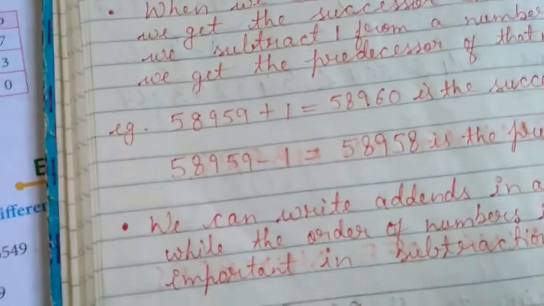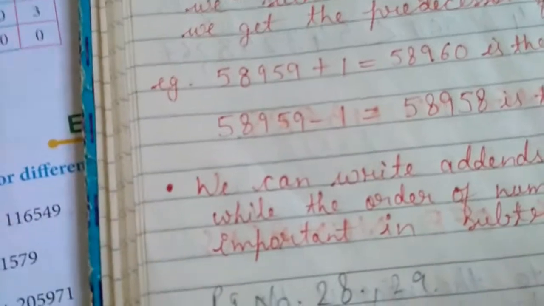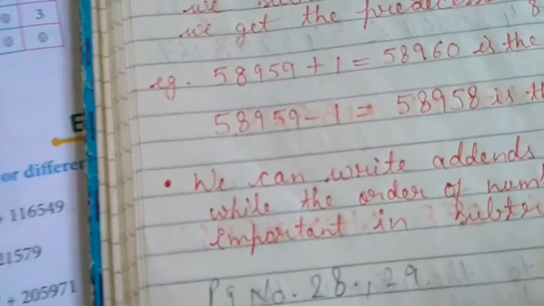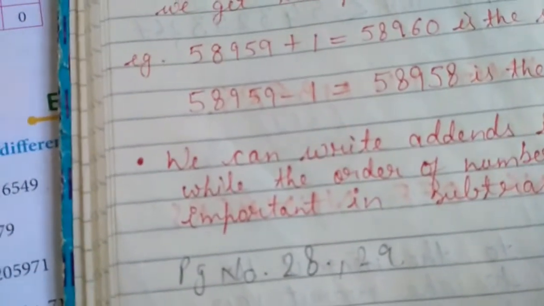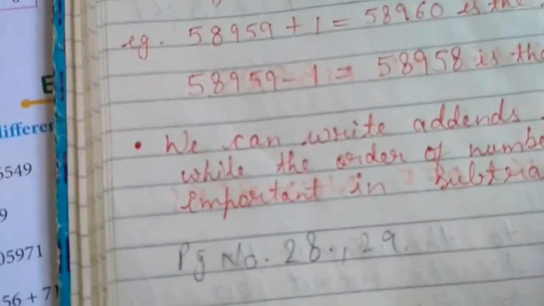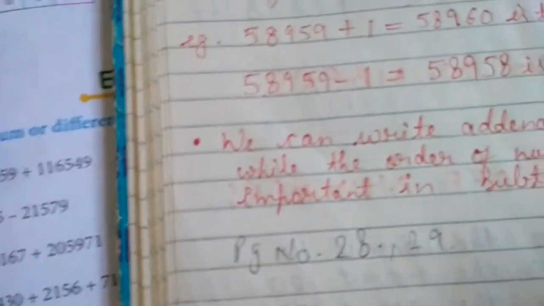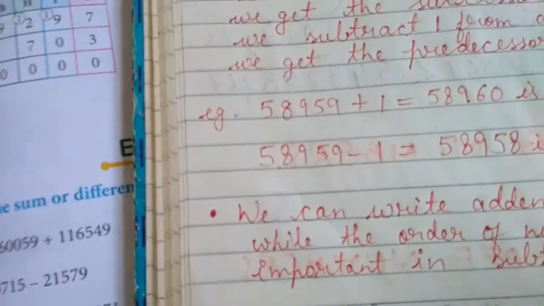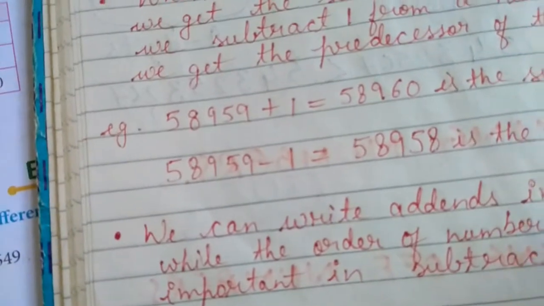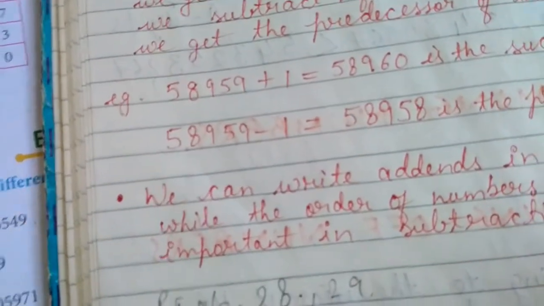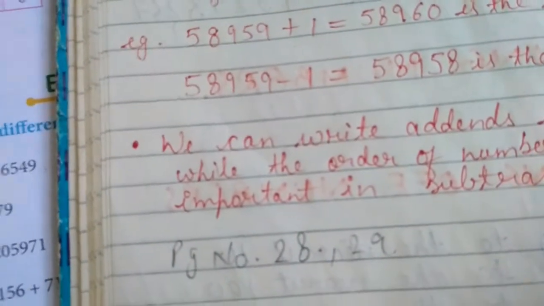But when we are subtracting 2 given numbers, we must always keep in mind that the larger number will be written first and the smaller number will be written next. Whatever numbers are given in the problem, the larger number is written first and the smaller number gets subtracted from the larger number.